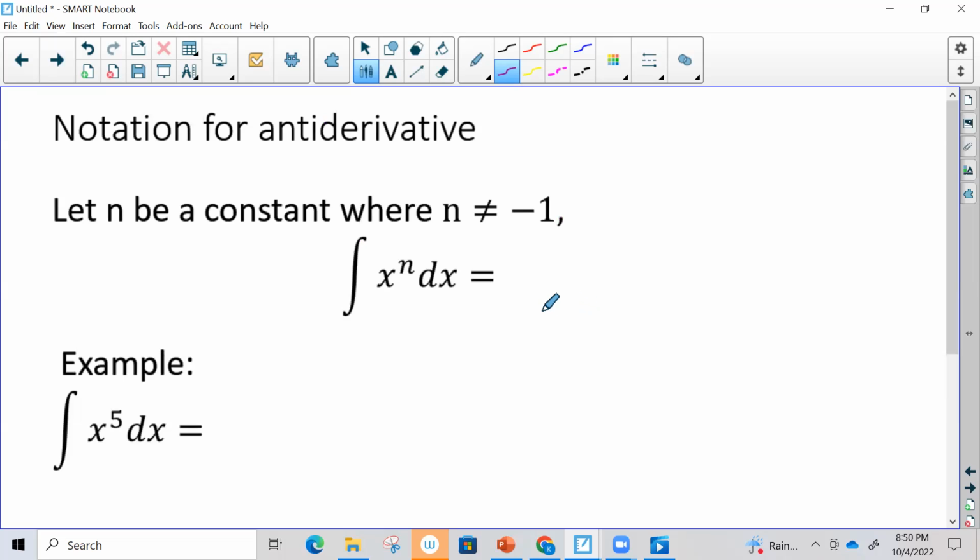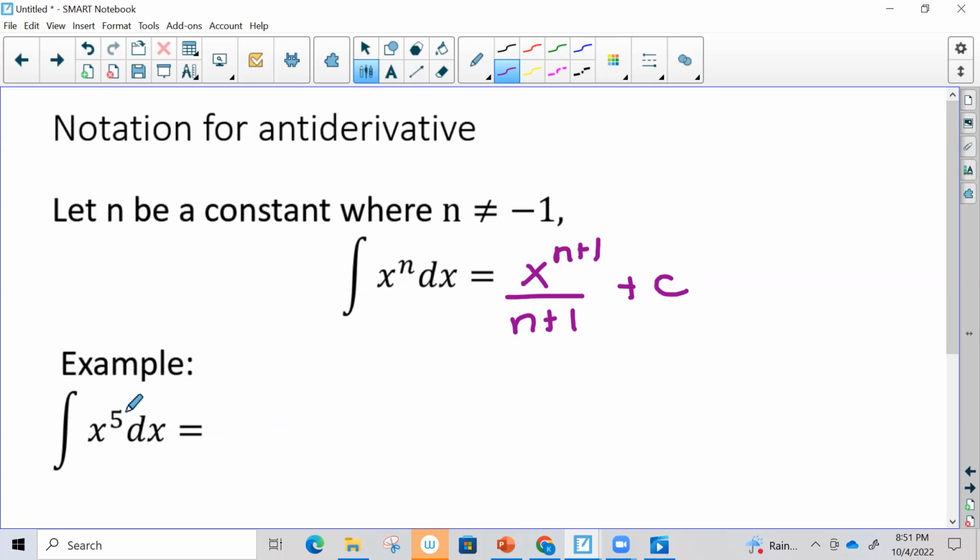So again, we can use that power rule to find it. So how they're going to write it now is with this integral sign in front of it, and then x to the n dx. Again, n cannot be -1. But if we're taking the integral or the antiderivative of that, we use that same rule we talked about in the video before, where we add 1 to the exponent, divide by that new exponent, and then put plus c.